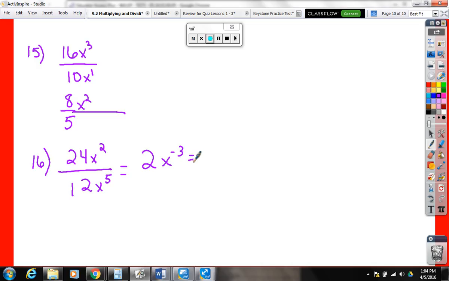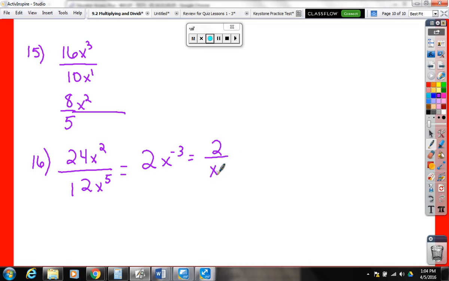What does that become? 2 over x to the third.